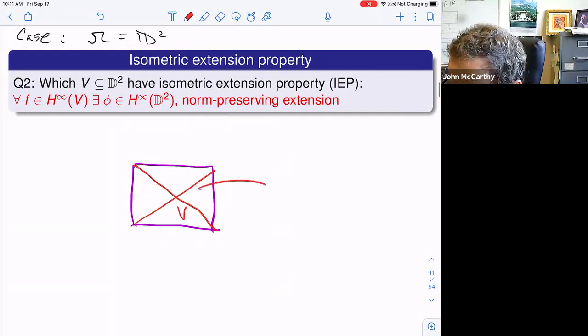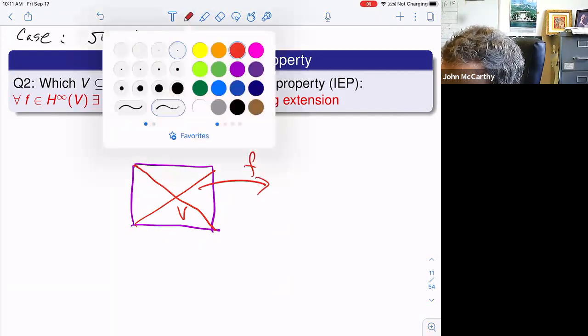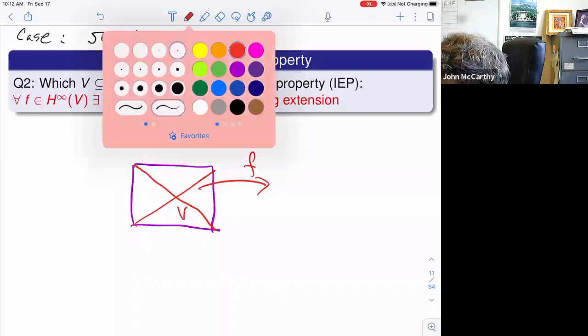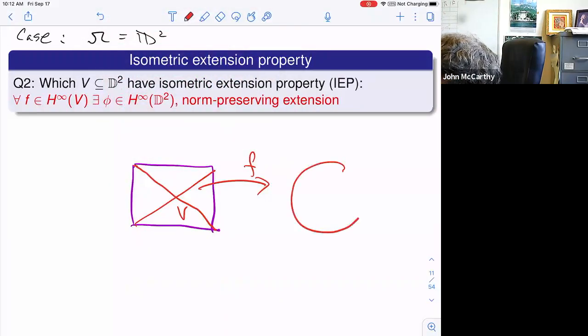And I have some function f defined on V. And then my question is, so f is bounded. So let's say f maps into the U. Saying it's bounded says it maps into a disk, so suppose it maps into the disk of radius 1.